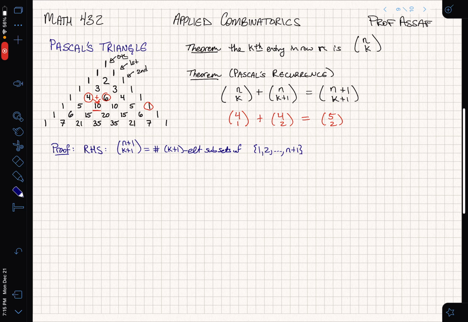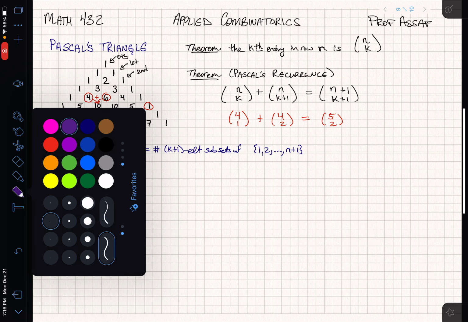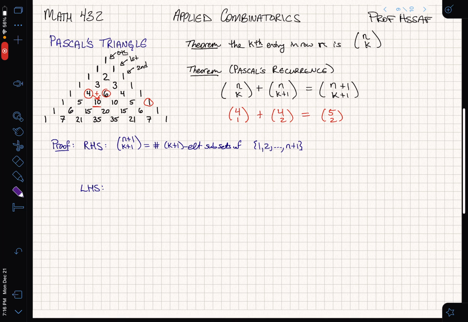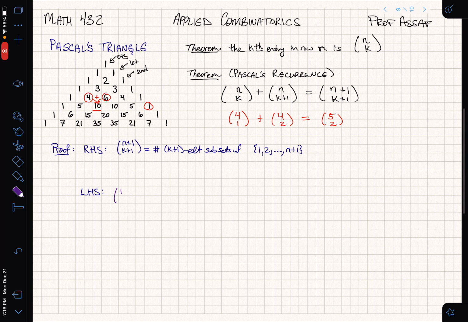Okay? Now, what does the left-hand side tell us? The left-hand side is a little more interesting. We have two things going on. On the one hand, we have n choose k, which is the number of k element subsets of the numbers 1 up to n.